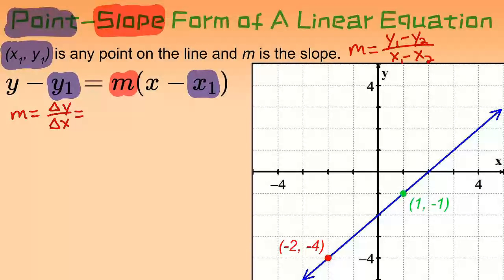So y1 is going to be the green one, and our y2 is going to be the red one.